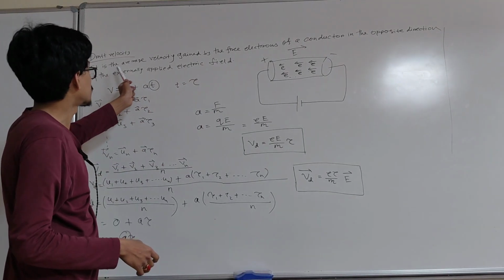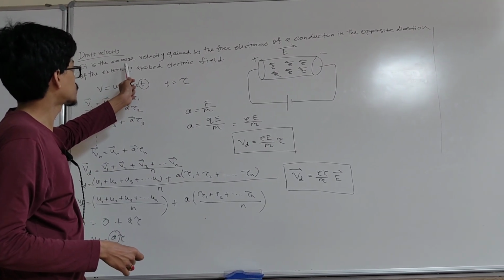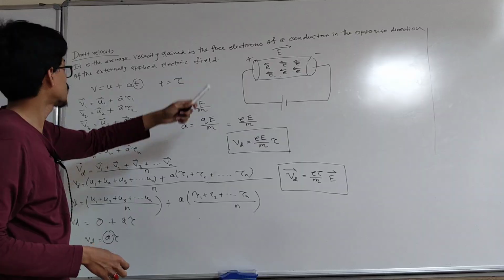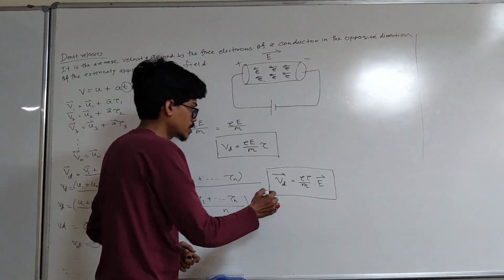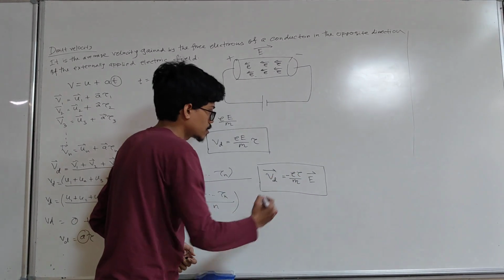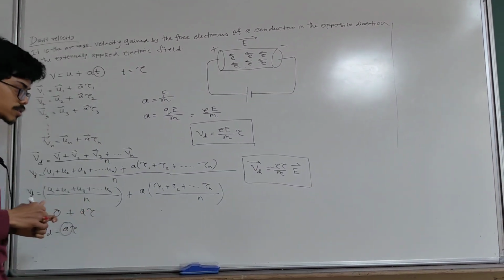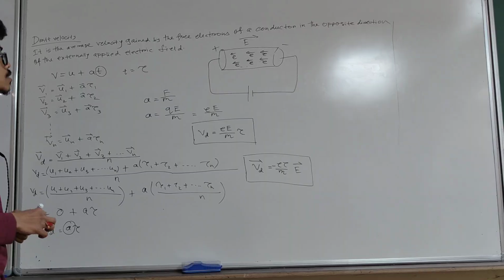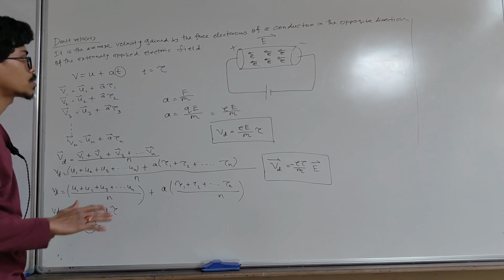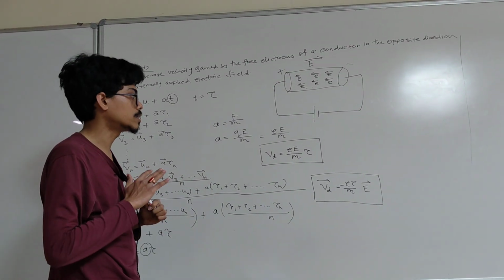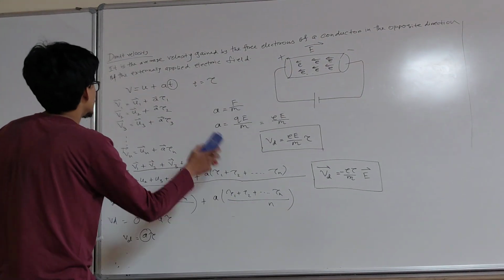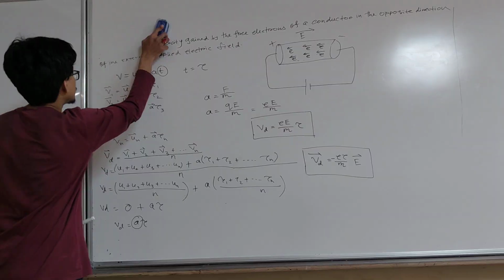Like I mentioned in the starting definition, the average velocity is in the opposite direction of the externally applied electric field. So we can use a negative sign here to denote the opposite nature of the vector quantity. So this is all about drift velocity, and why we need drift velocity in our calculation, that we can study in the next lecture.